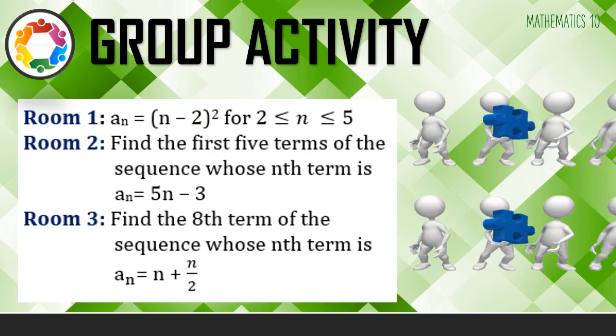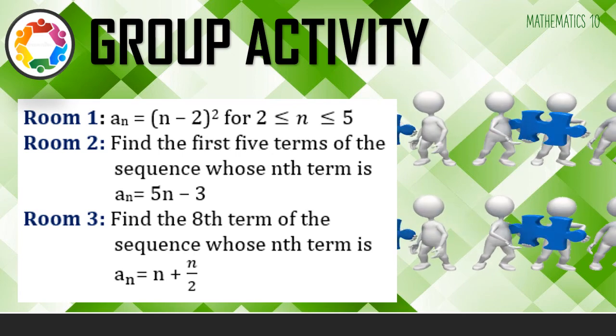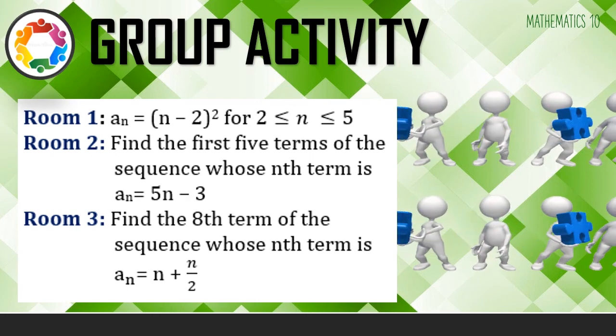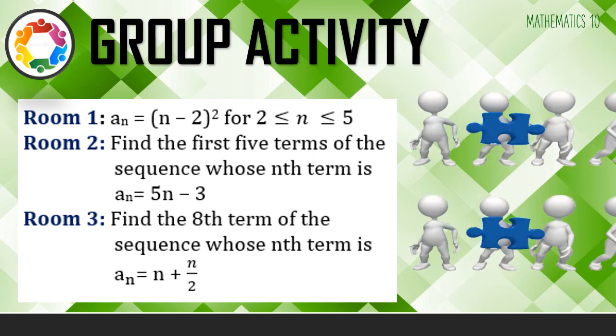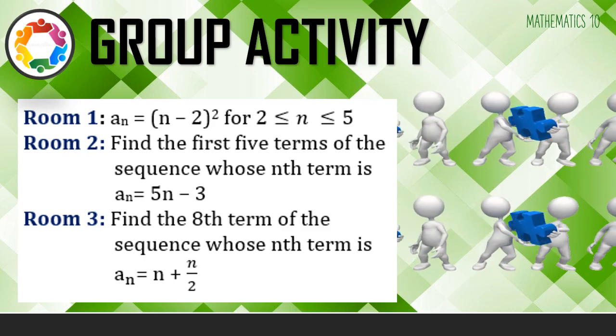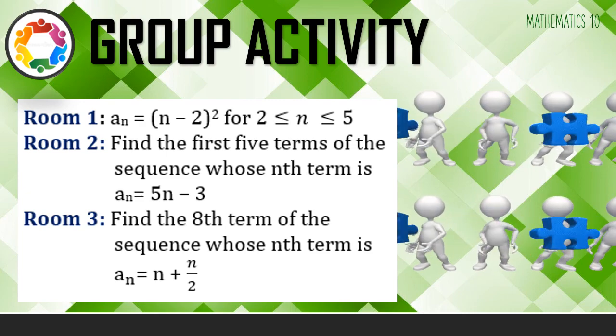Okay, but of course, I'm providing you another set of activity to double check if you really have mastered the content of this video. I'd like you to answer these 3 items. Let's check if you can answer all these items correctly.